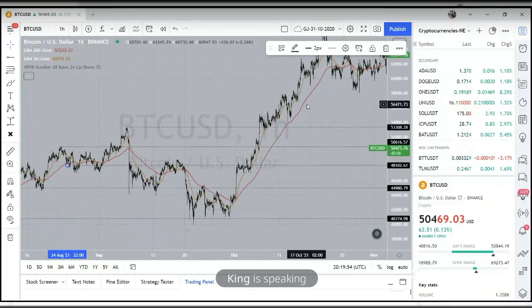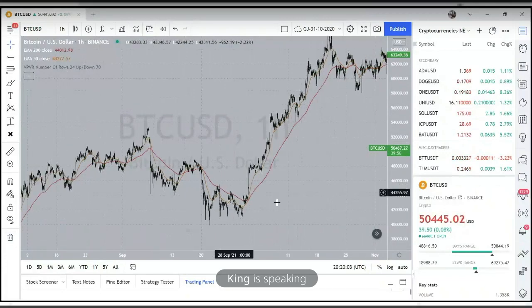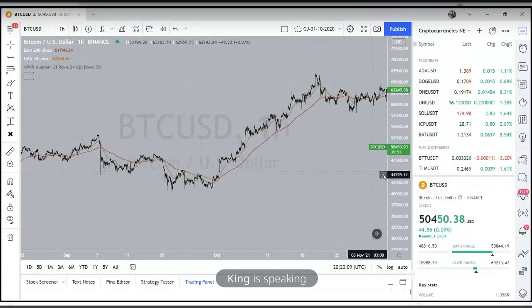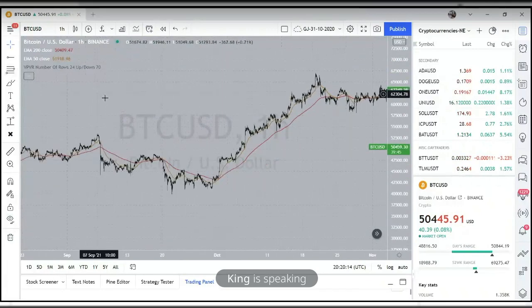Another thing to think about as well is the market has phases. There's really two phases, and that's trending and ranging. So a market can either be in an uptrend, a downtrend, or what they call consolidation.